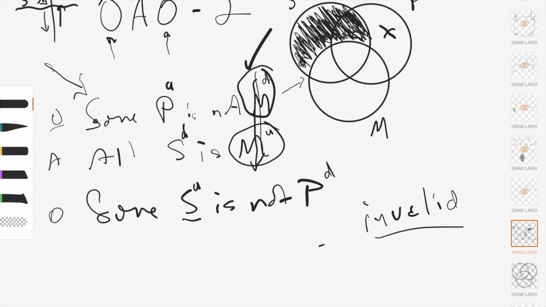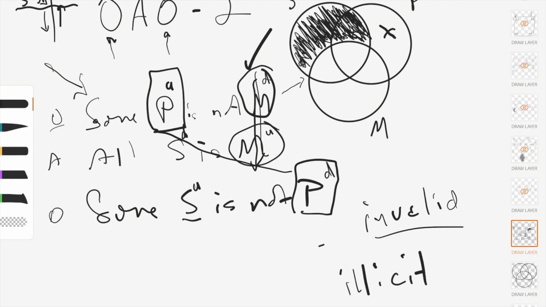But the predicate term does trigger the rule because it is distributed in the conclusion. And when we look up here at the premise, it turns out that it's not distributed. So technically we call this the fallacy of the illicit process of the major term. But nobody really says that. What we say is illicit major.